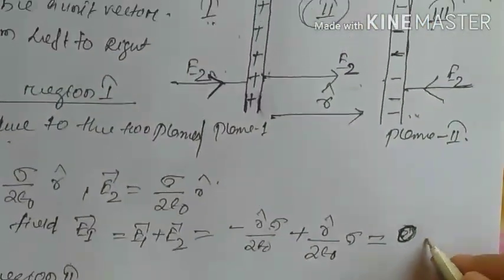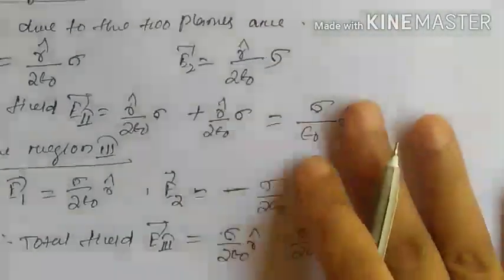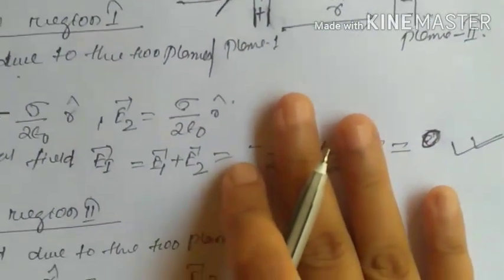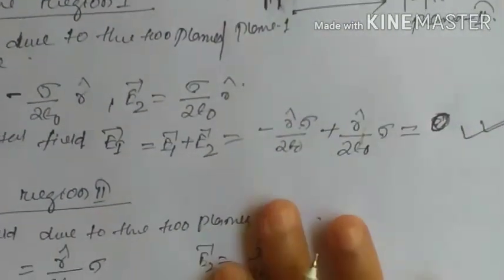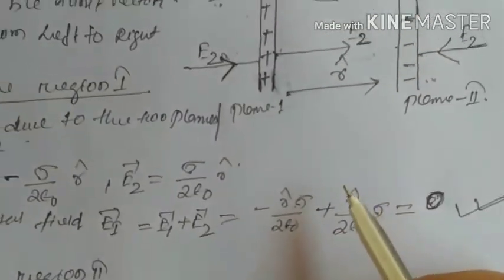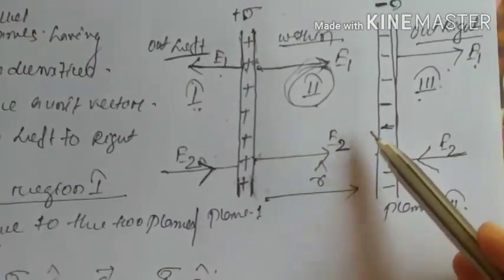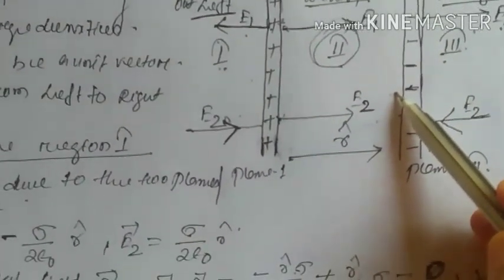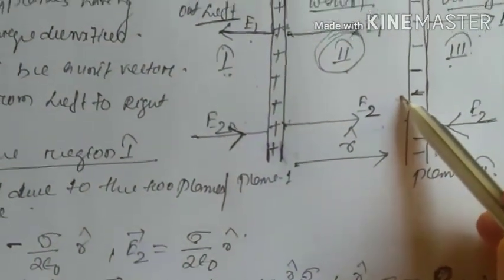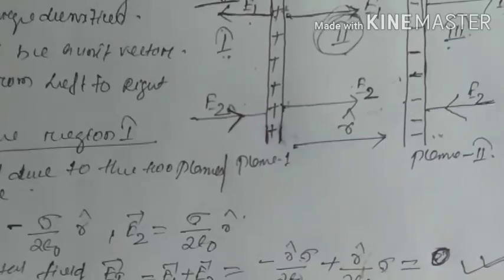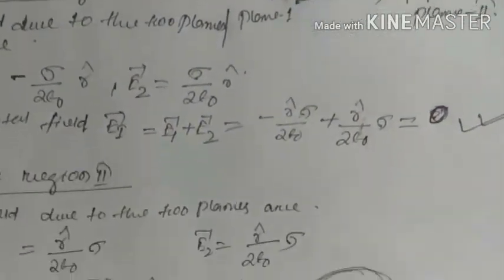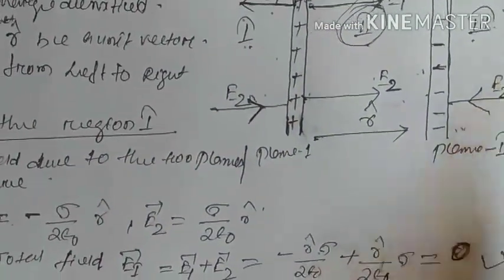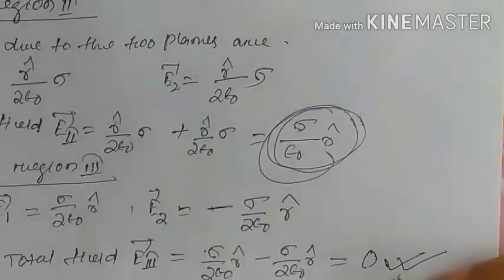So here also we get 0, and here also we get 0, meaning in the outside regions. From this we can conclude that for two oppositely charged plates of equal charge density, the electric field exists only within the plates, that is sigma by epsilon naught, and in the outside regions the electric field is equal to 0.